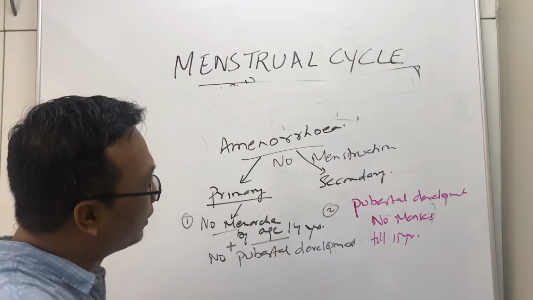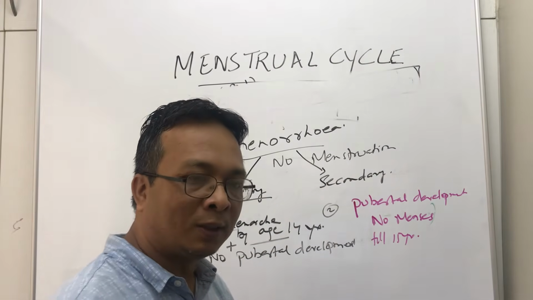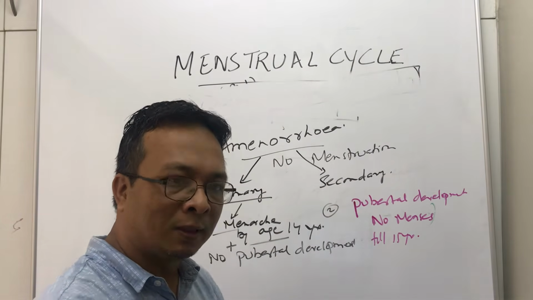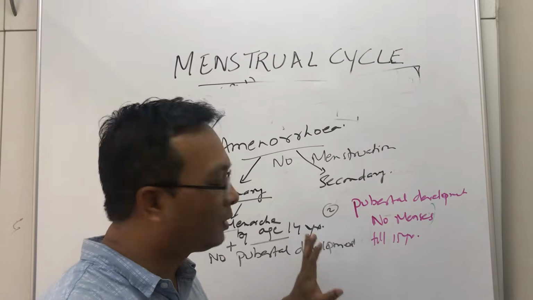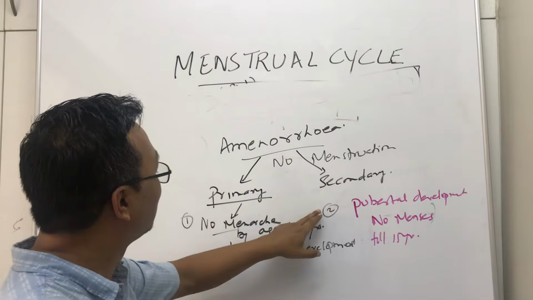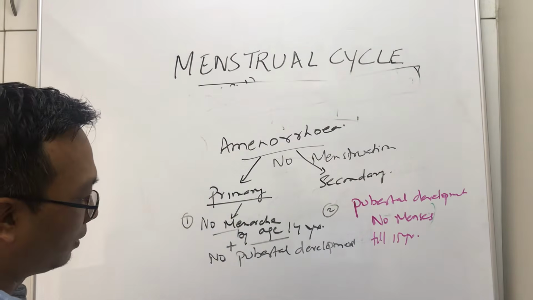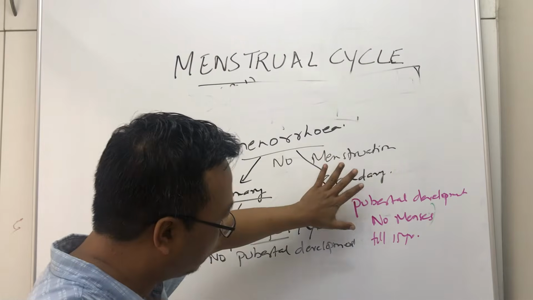So she has reached 15 years, she has all the pubertal development, all the necessary secondary sexual characteristics, everything is developed fine, but she is just not having menses. So that is the second type of primary amenorrhea. So one type and two type.